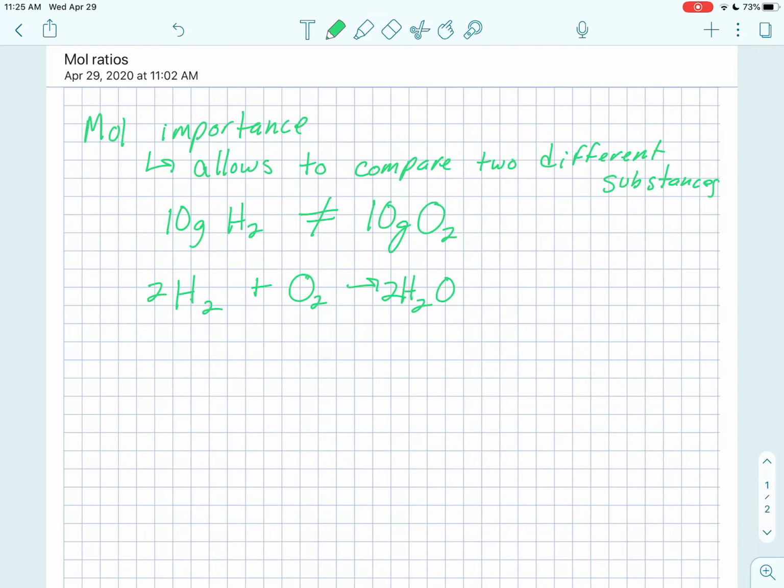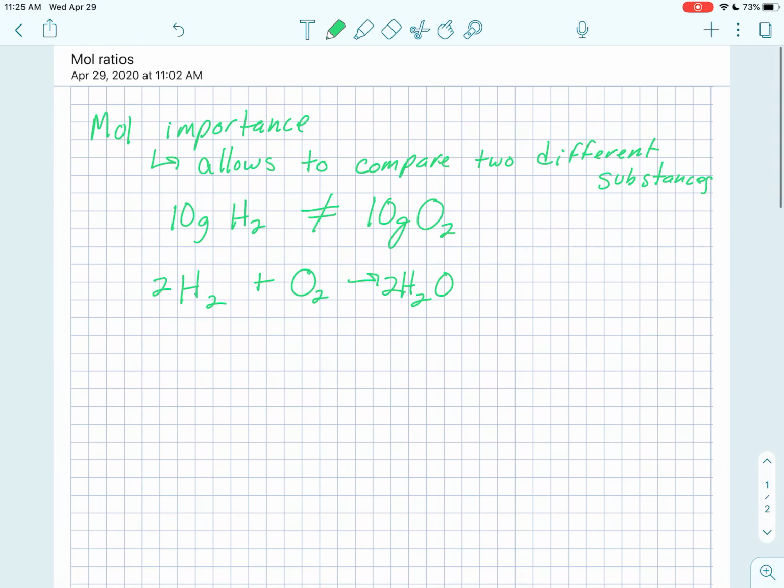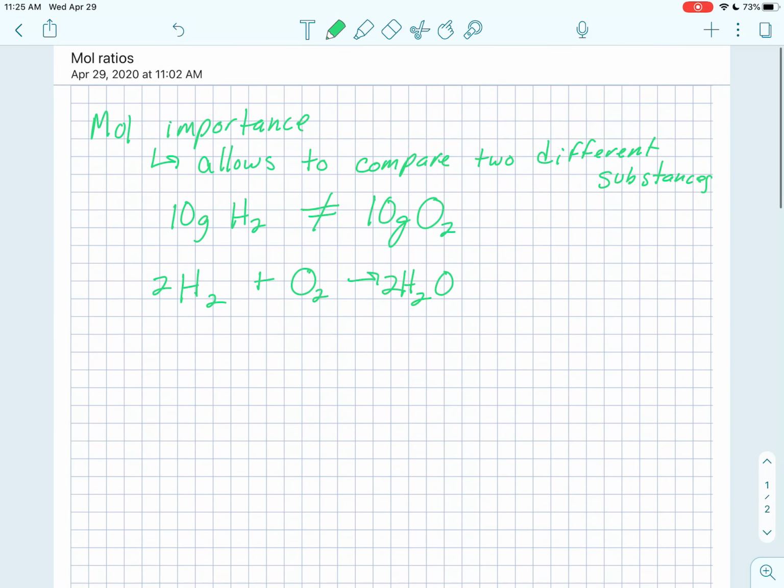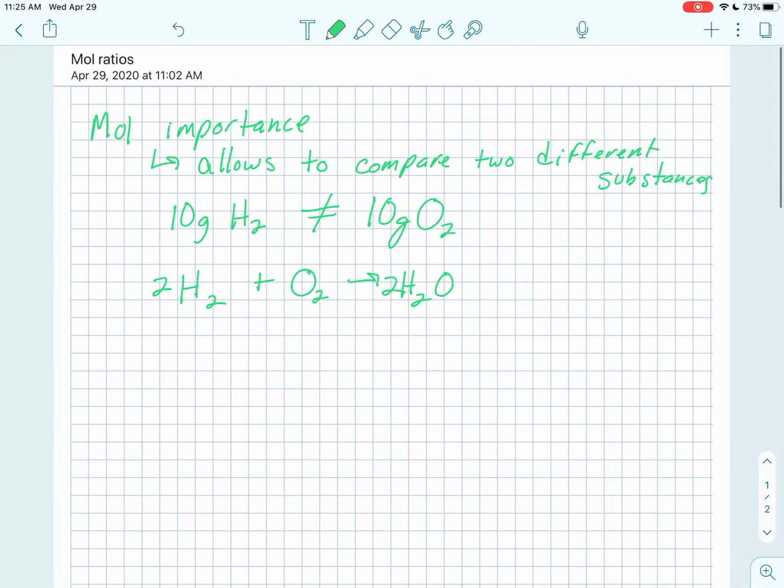And so with this, we know that I need twice as much oxygen as I do hydrogen in order to obtain the water. Well, you sit there and say, well, just put 20 grams. If I have 20 grams of oxygen, that doesn't mean that I have twice as much oxygen, it just means I have twice as much mass.